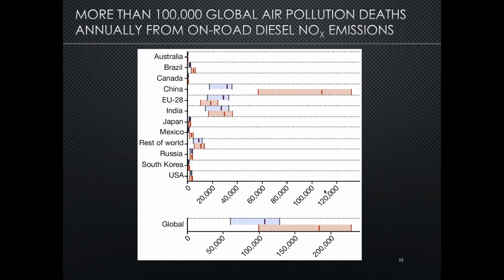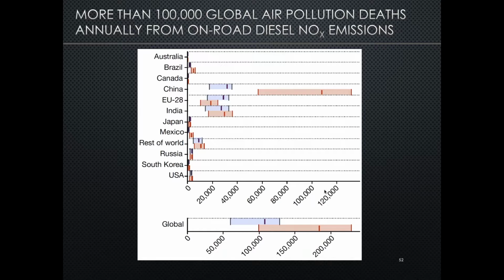So, moving on to the results, this graph shows the premature deaths from all diesel NOx emissions in 2015, shown in the blue, and 2040, shown in the orangish red. We estimated that over 100,000 air pollution deaths result globally each year from on-road diesel NOx emissions, with most of the impacts coming from China, Europe, and India.